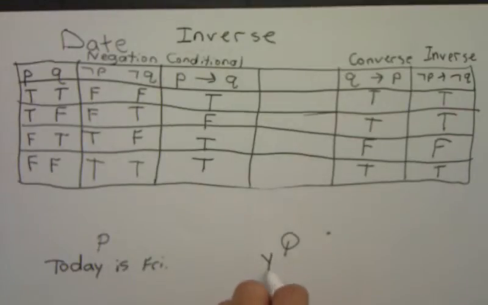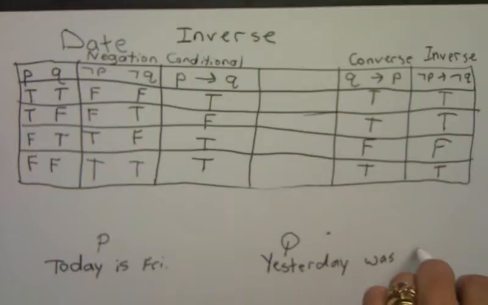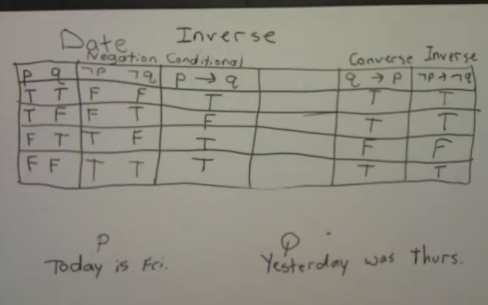So Q says yesterday was Thursday. Now, I want you to finish this conditional. Tell me if this is a true or false statement. Stop the tape, do that, and then compare it with mine.